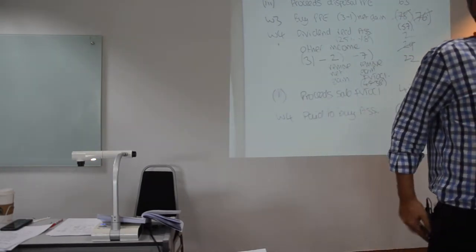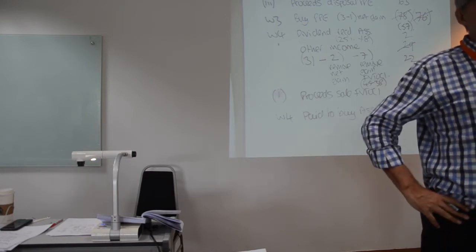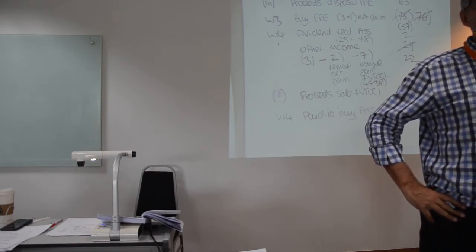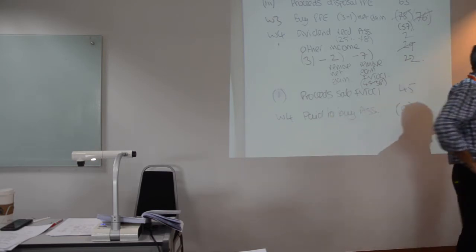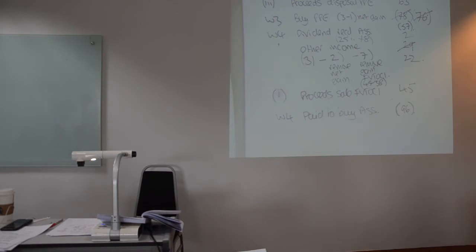We reviewed the marking guide after 45 minutes, and we found that we got 63%. There were a couple of things that we had totally missed out: the fair value through OCI, the associate, and the tax.